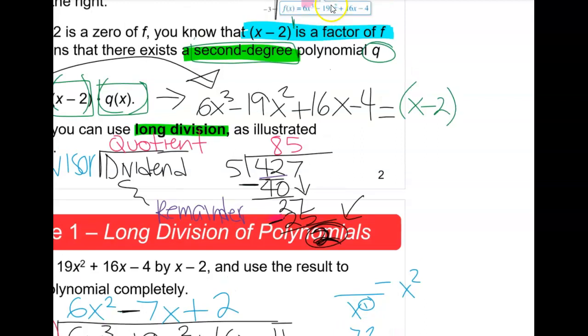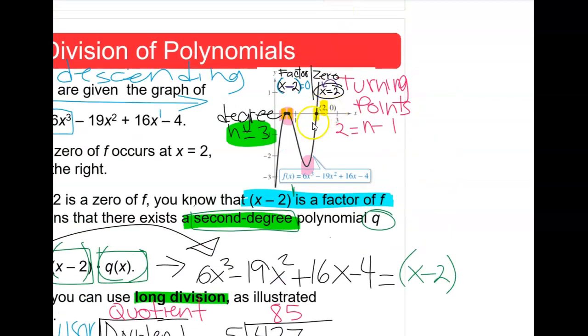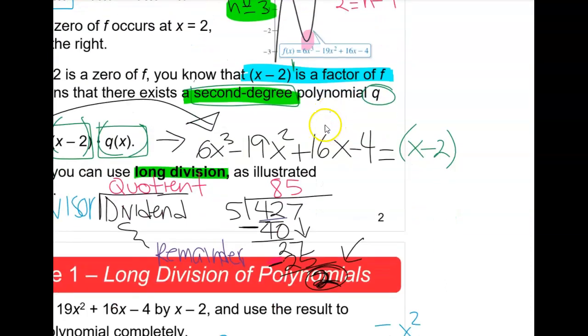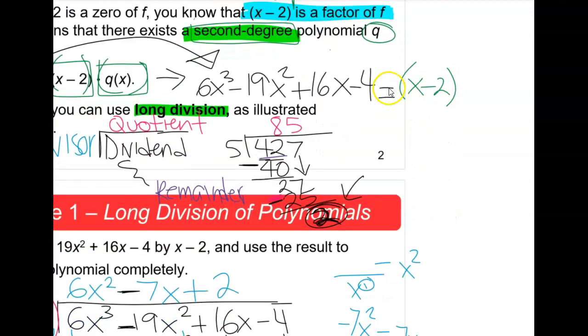And remember, we found that one from the graph by looking at this graph, and we say the 0 is x equals 2, so the factor is x minus 2. So once we finish our long division, we got that the other factor, which is here what came from the quotient, was going to be 6x squared minus 7x and then plus 2, like that.